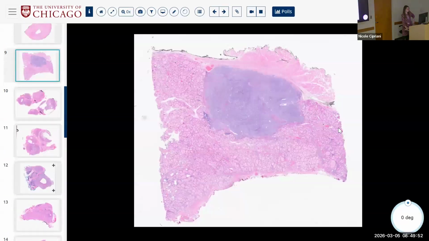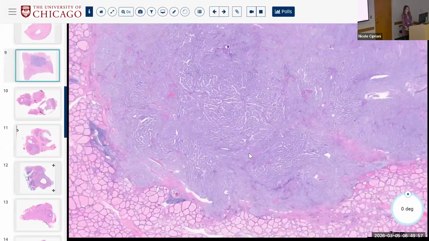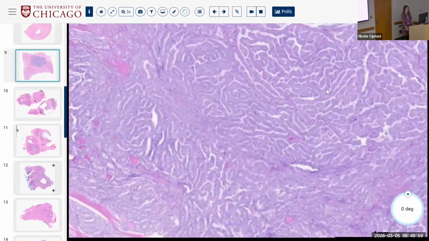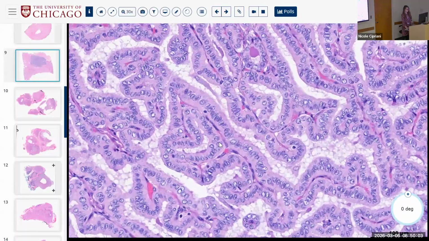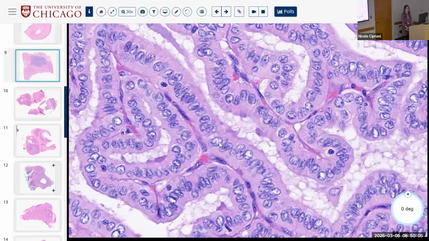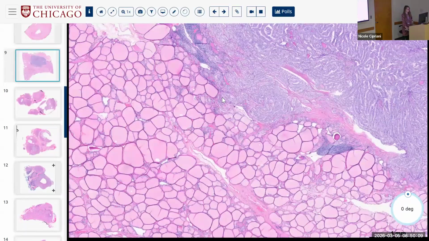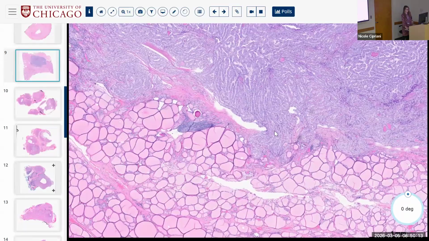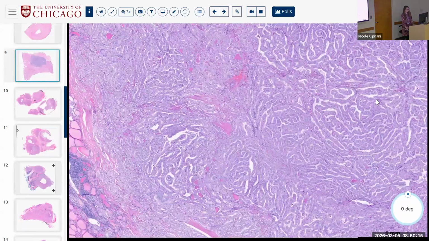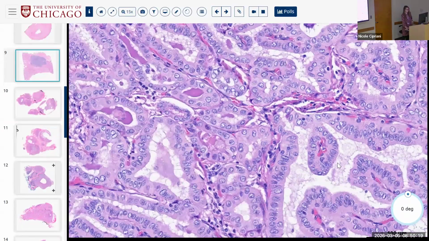To compare, I don't think anyone is going to have a problem with this diagnosis. Extremely classic PTC: complex branching papillae, little trickling invasion out into the normal parenchyma, elongated papillae and follicles, really wrinkled, cleared, grooved, all the things.